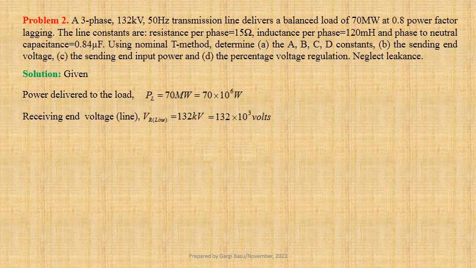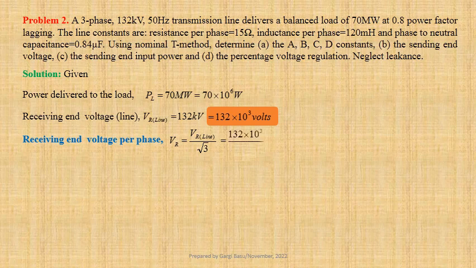For star connected system, receiving end voltage per phase VR equals VR line divided by root 3, that is 132 into 10 to the power 3 divided by root 3, that gives us 76,210 volts.